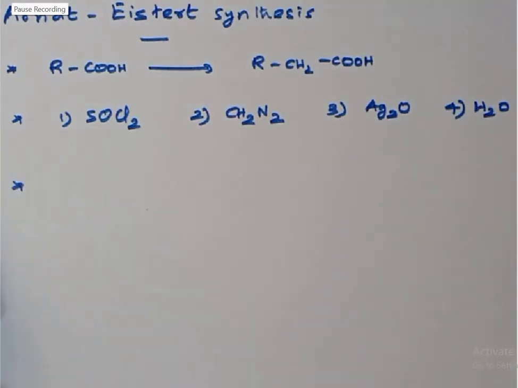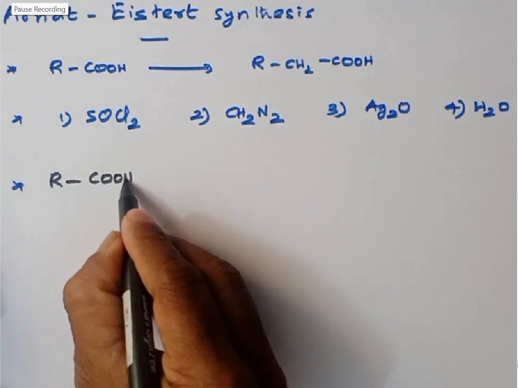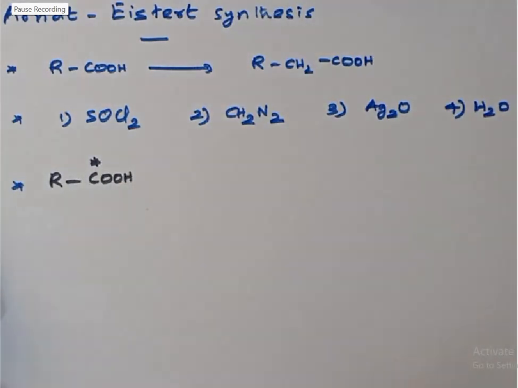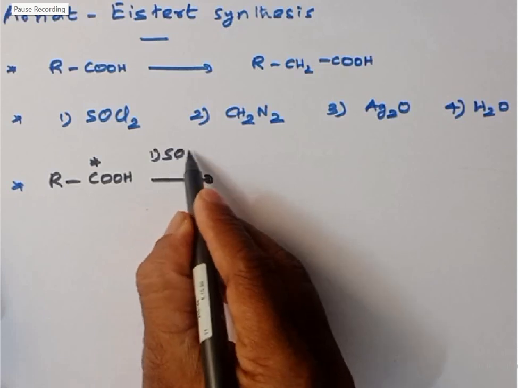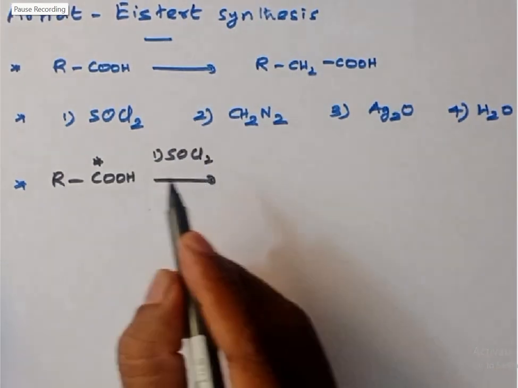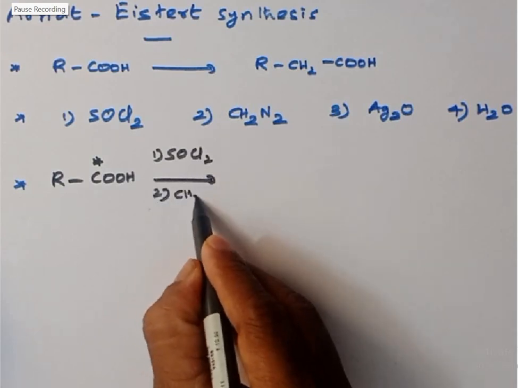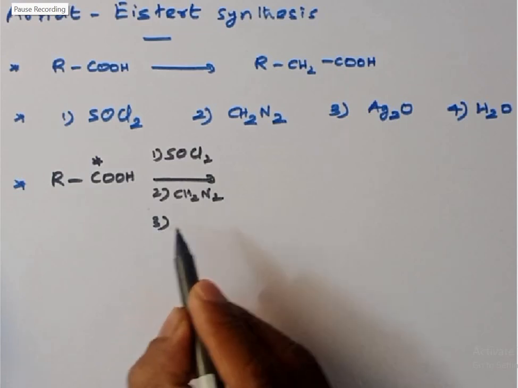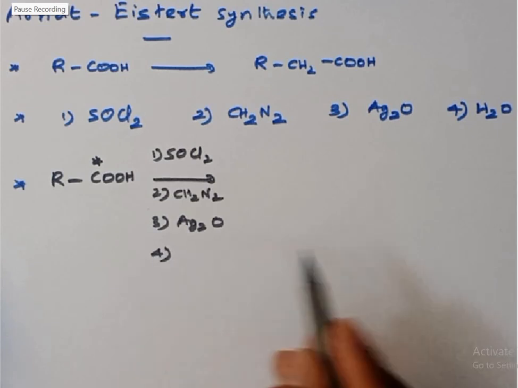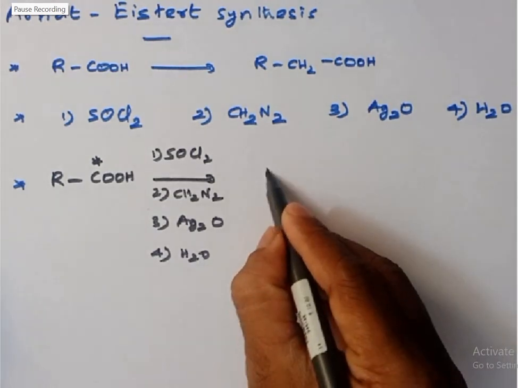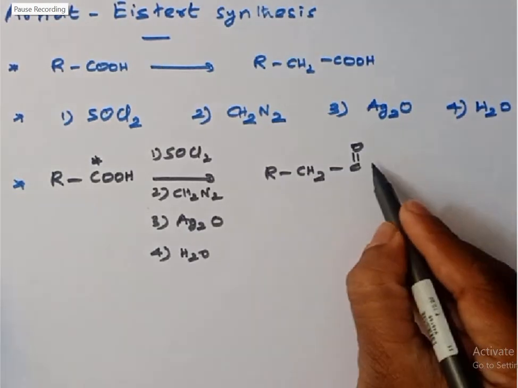So what are the steps we follow here? Carboxylic acid, COOH. I'll just label this carbon. If you treat it with SOCl2, then with diazomethane, then with silver oxide, then finally with water, we get this compound, RCH2COOH.